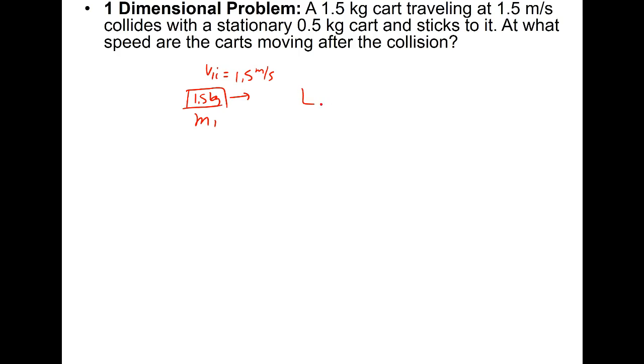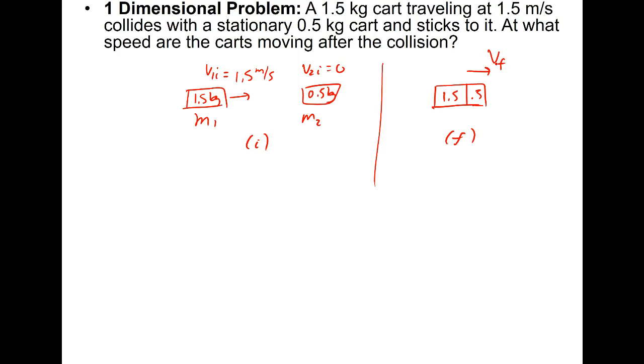And it collides with a stationary 0.5 kilogram cart, and we'll say V2 initial is 0 and M2 is 0.5. And it's going to stick to it. So we want to know at what speed are the carts moving after the collision. So I'm kind of demonstrating a problem-solving technique here, is that we draw and label pictures of before and after so that we can apply conservation of momentum to it.